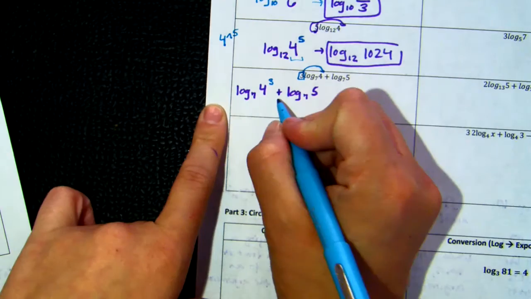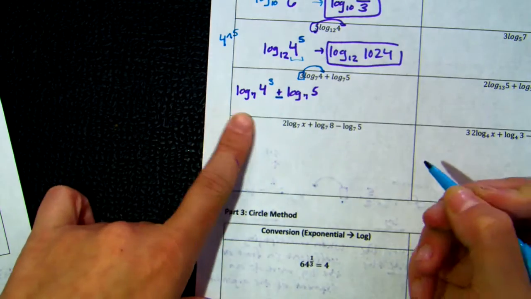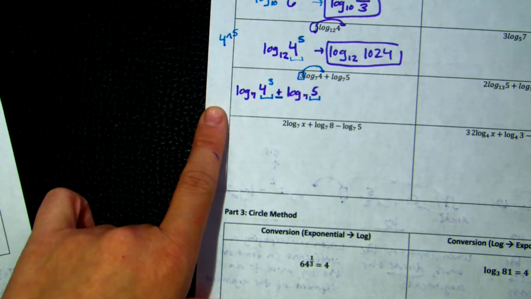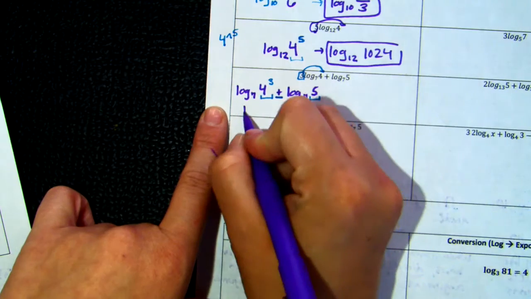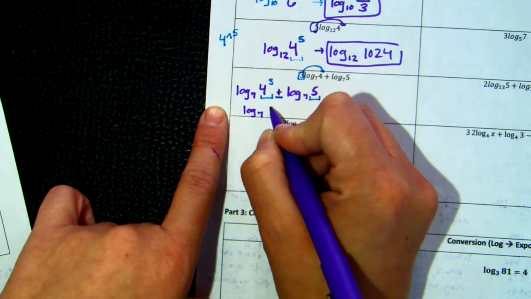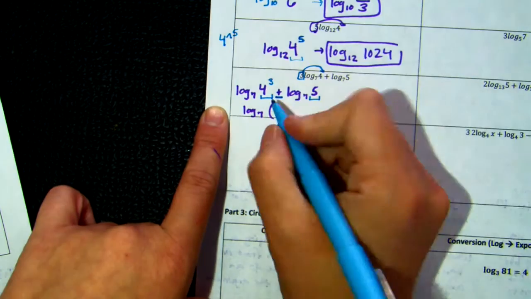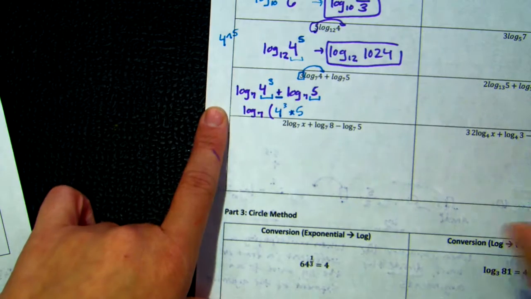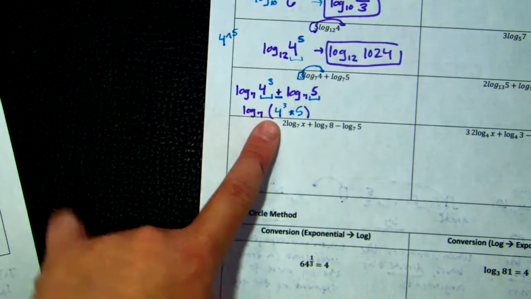Next thing I see here is that there is addition. I know that addition means I have to multiply my arguments. So my next step is going to be log base 7 of 4 to the 3rd times 5.